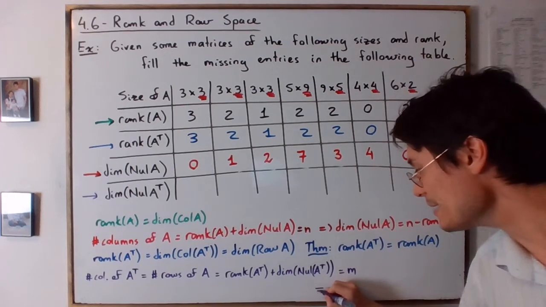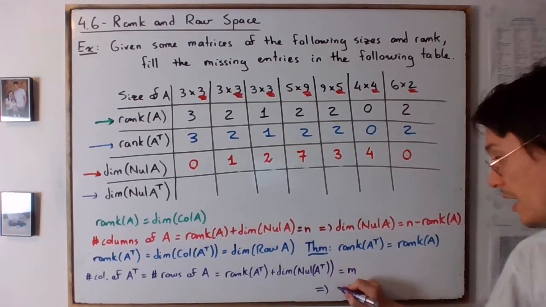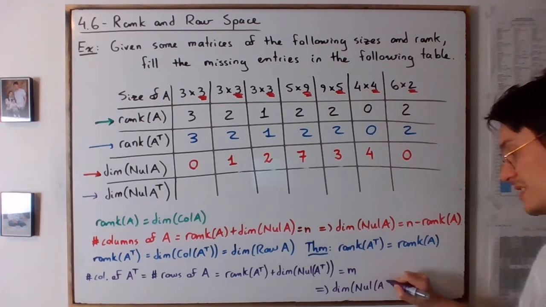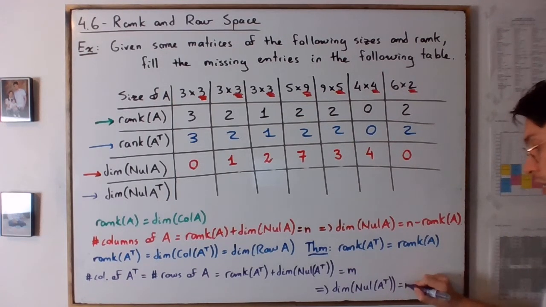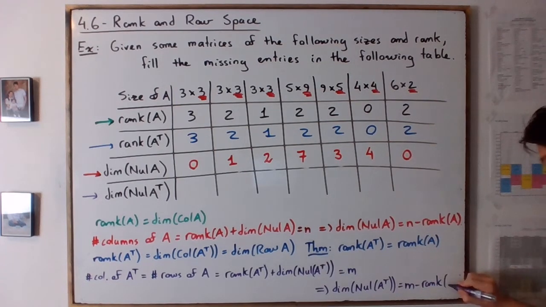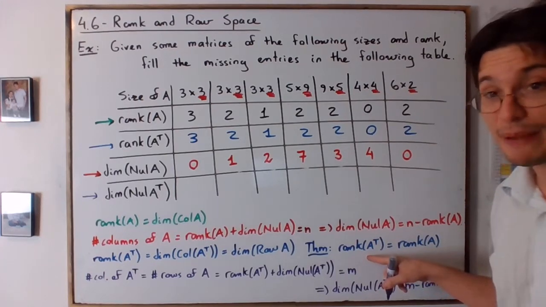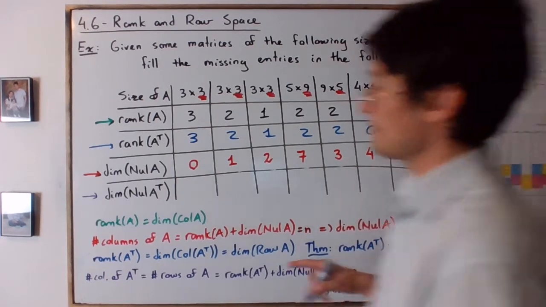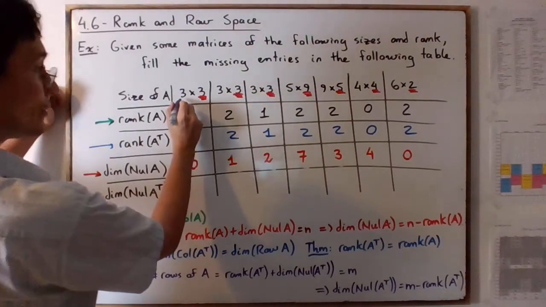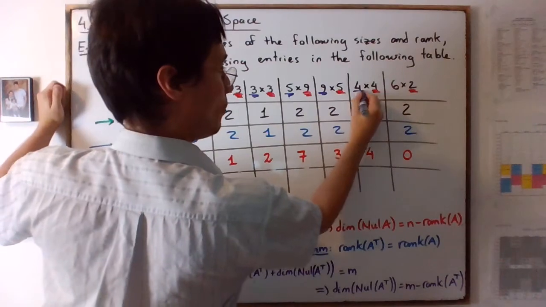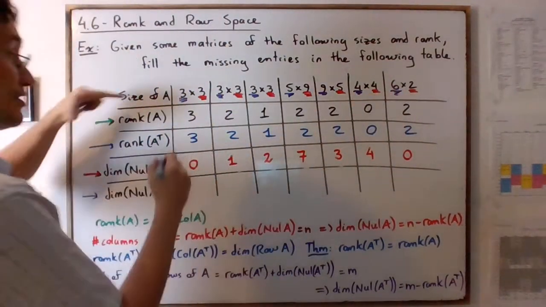Using the same argument, the dimension of null A transpose is going to be equal to m minus the rank of A transpose, but keep in mind that the rank of A transpose is the same as the rank of A by this theorem. So you look at the rows now, the number of rows, and you subtract the rank.